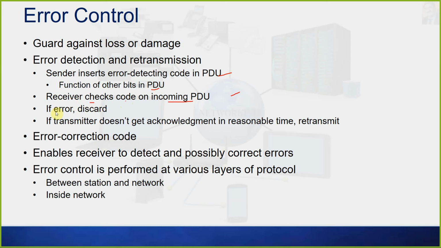If an error is found, then it discards the unit. If the transmitter does not get an acknowledgement in reasonable time, it needs to retransmit the same protocol data unit again. An error correction code enables the receiver to detect and possibly correct errors. Error control is performed at various layers of protocol, between station and network or inside the network.